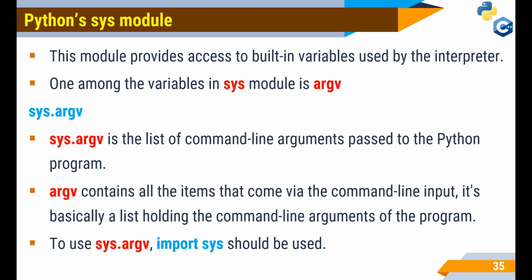Argv contains all the items that come via the command line input. It is basically a list holding the command line arguments of the program. To use sys.argv, import sys should be used.